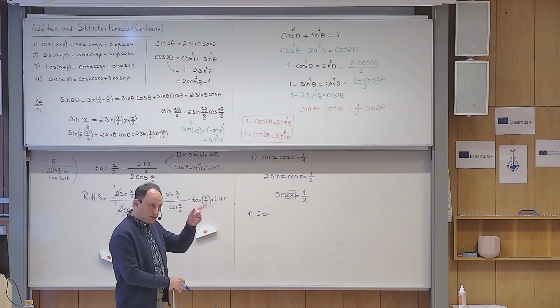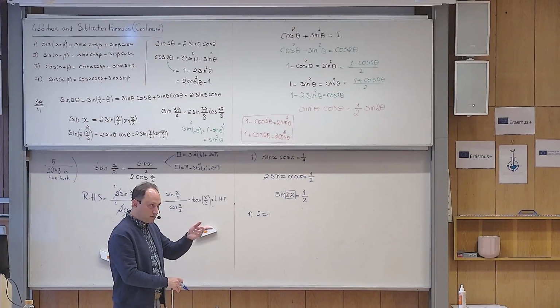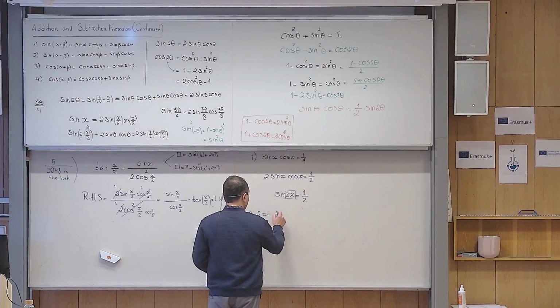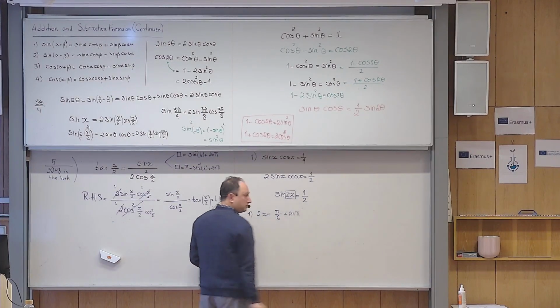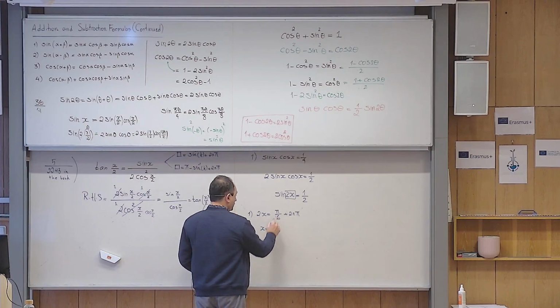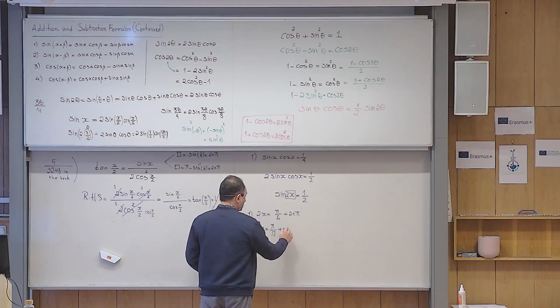Pi is equivalent to 180 degrees, and 30 degrees is a sixth of that, so it's pi over 6. So 2x is pi over 6 plus 2n pi, and then you want x, so you divide by 2. It becomes pi over 12 plus n pi, n belongs to Z.